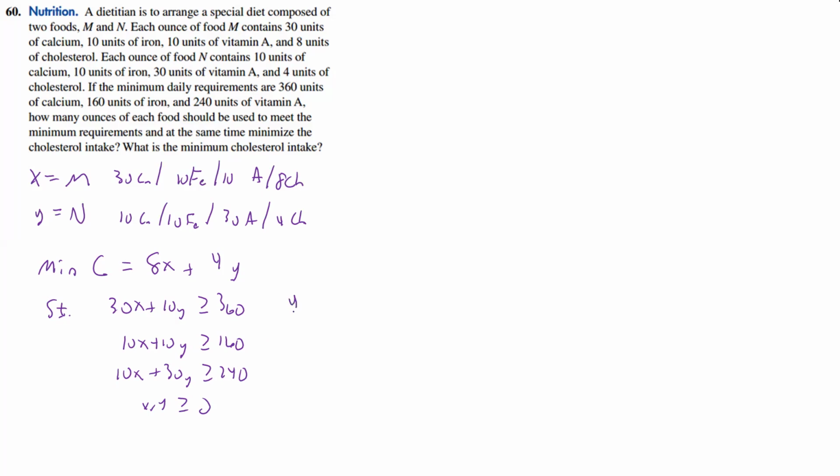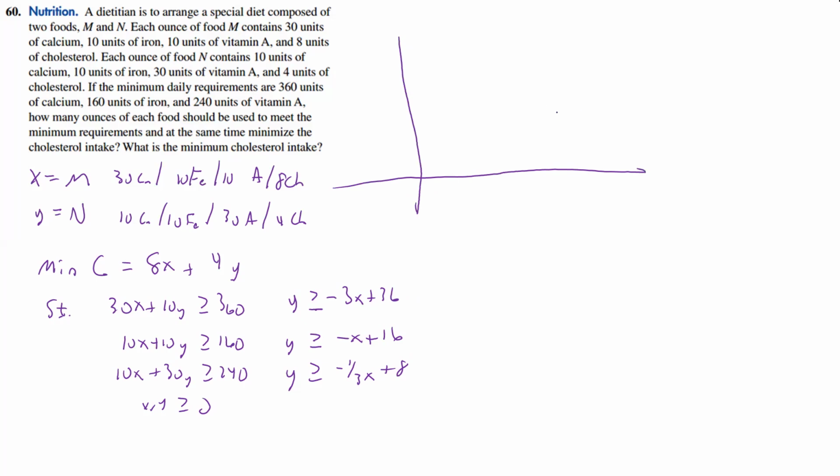Solving these, we have y greater than or equal to minus 3x plus 36. Here we have y greater than or equal to minus x plus 16. And here y is greater than or equal to minus 1/3 x plus 8. Okay, now we have to plot this. Again, most of our stuff is going to be on this side.